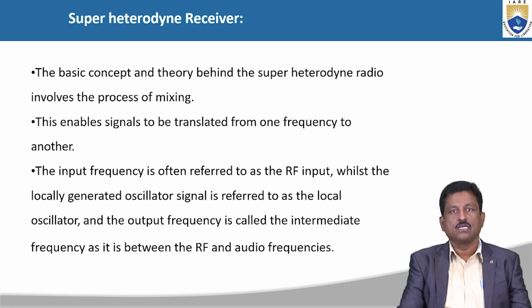The basic concept and theory behind the superheterodyne receiver involves the process of mixing. The mixer plays a very important role in the superheterodyne receiver, because with the support of the mixer only, we can generate the IF value, the intermediate frequency.